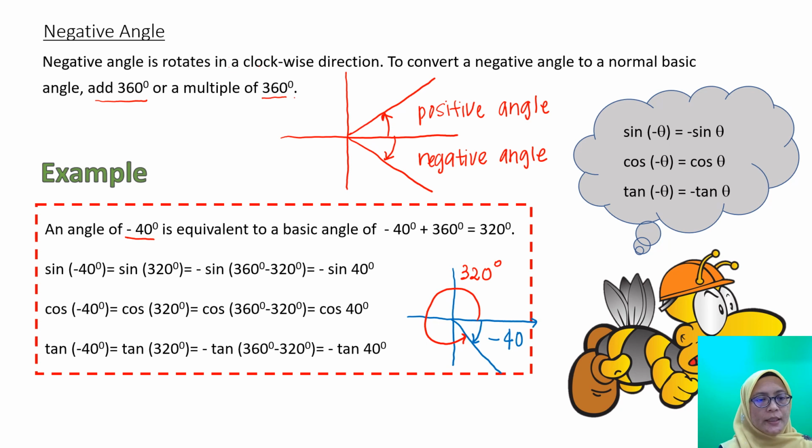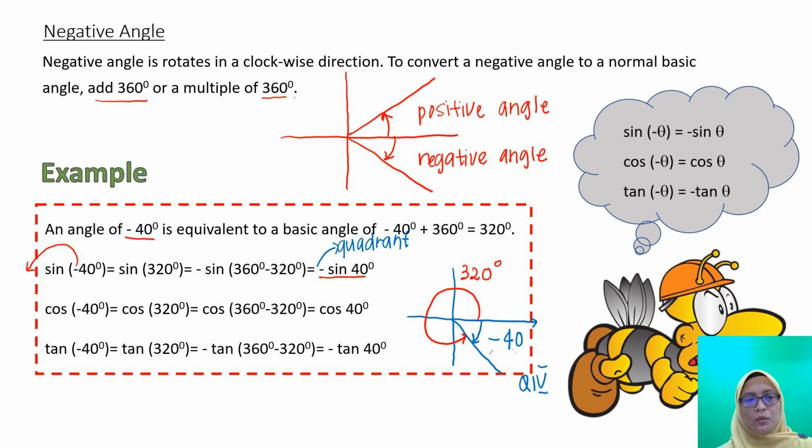Okay, so kalau yang ada sin negative 40, dia adalah sama dengan negative sin 40. So negative ini bukan you factorize keluar macam ni, no. So negative ni is refer kepada quadrant. Sebab angle negative 40 dia berada dalam fourth quadrant. So fourth quadrant hanya untuk cos saja positif.